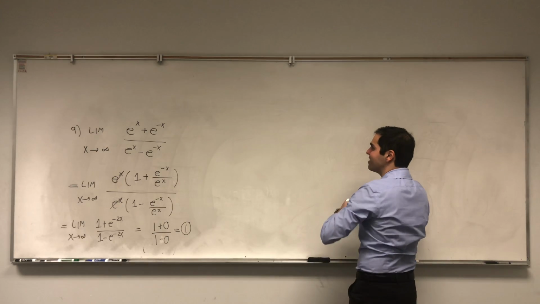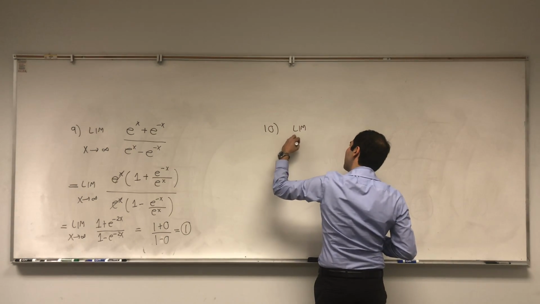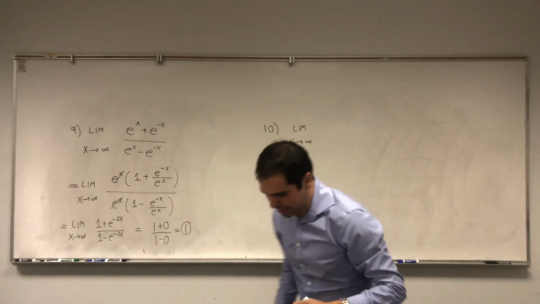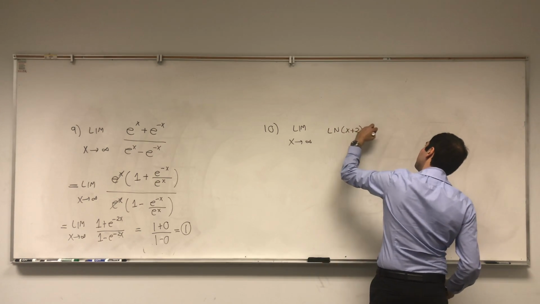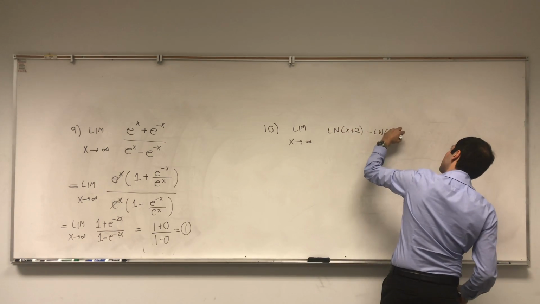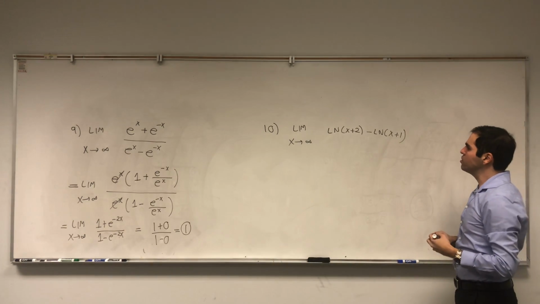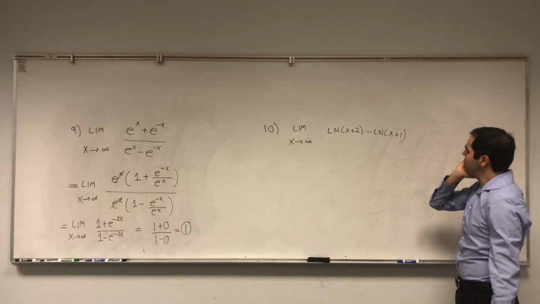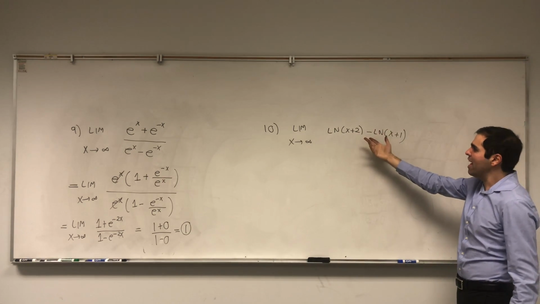Last but not least, a limit that's quite interesting in my opinion. Limit as x goes to infinity of ln of x plus 2 minus ln of x plus 1. Now, this is infinity minus infinity, and it wouldn't really help to factor out ln of x.